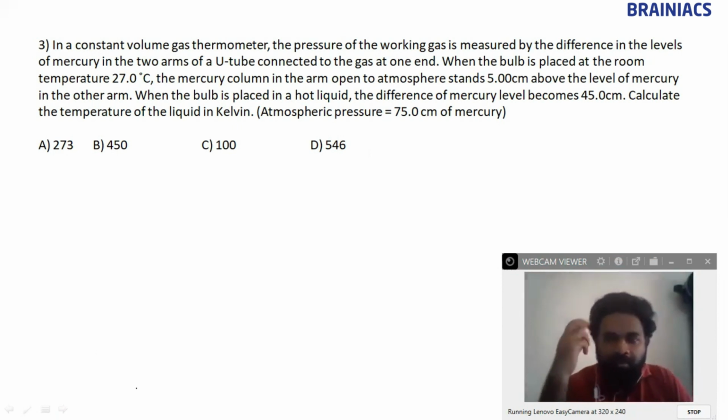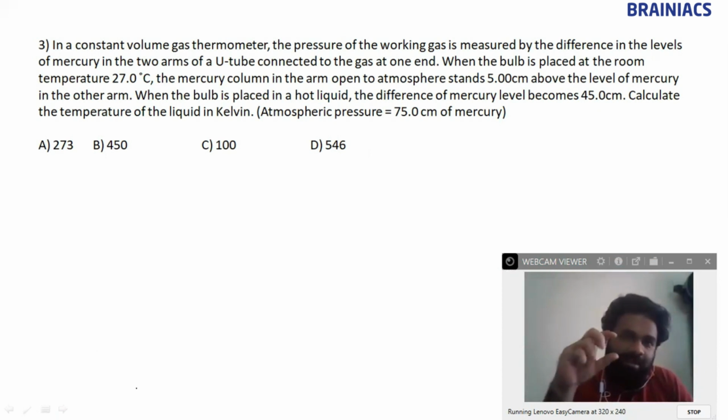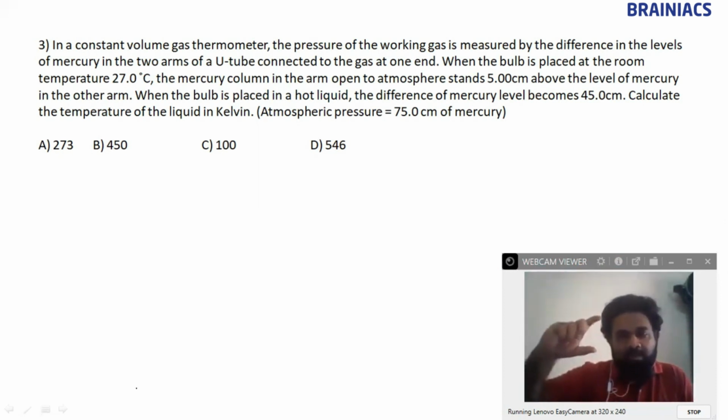So here we need not worry. The question is lengthy and involves a U-tube, then calculating the pressure, then applying the same thing in the thermometer equations. But even if you do not know how a U-tube works, they have mentioned that the difference in the level of the mercury column is the pressure.